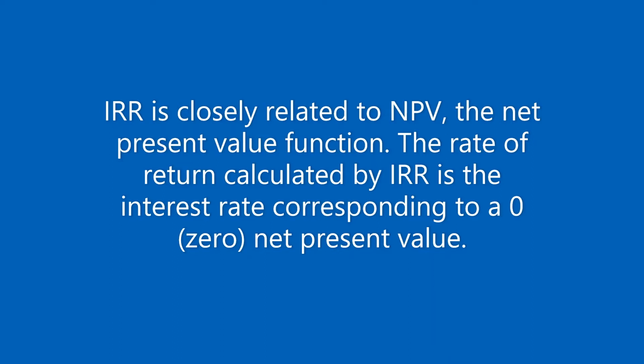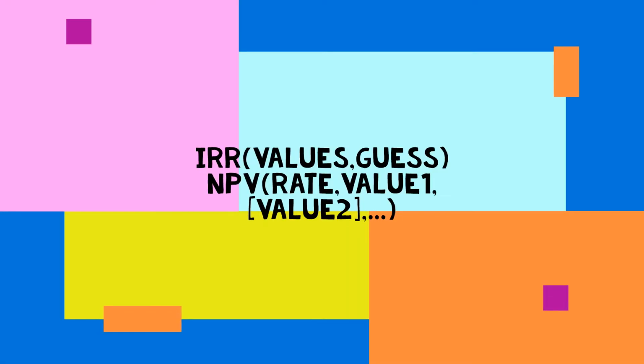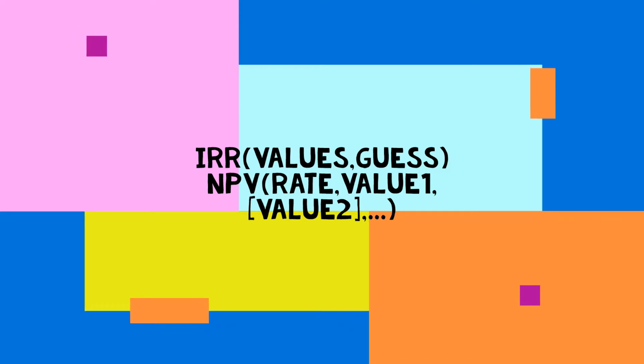These two are closely related. IRR is closely related to NPV, the net present value function. The rate of return calculated by IRR is the interest rate corresponding to a zero net present value. So IRR is the rate at which the NPV is zero, that is, the net present value of a project or investment option is equal to 0.